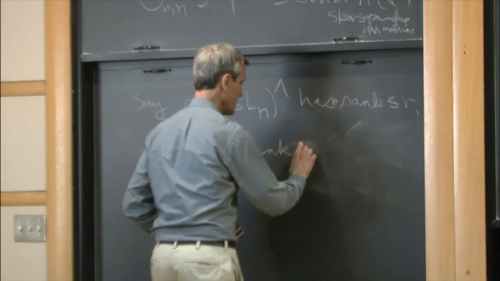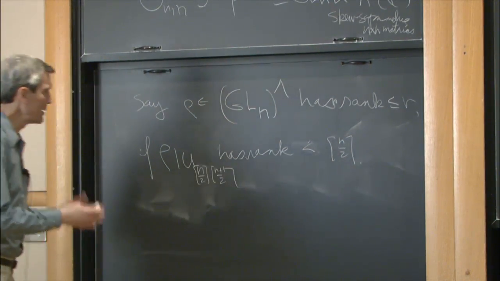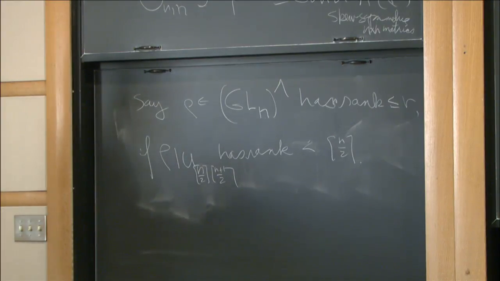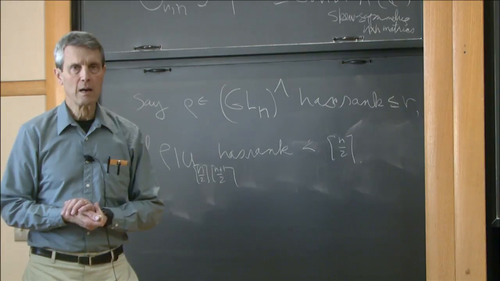It has rank less than n over 2. So I take the squarest one. If you wrote n as n minus 1 plus 1, it's a different notion of rank.